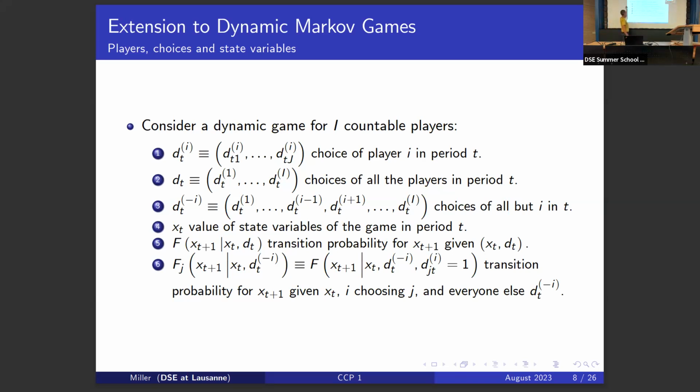This is a set of choices by everybody. Here is the set of choices by everybody but I. We've got a transition probability that depends on state variables of the whole industry today and choices of everybody else today, which determine what happens tomorrow. And so we can talk about, from this, what if I make choice J, everybody else does their thing, and the state variables are what they are today. That will determine what happens tomorrow.